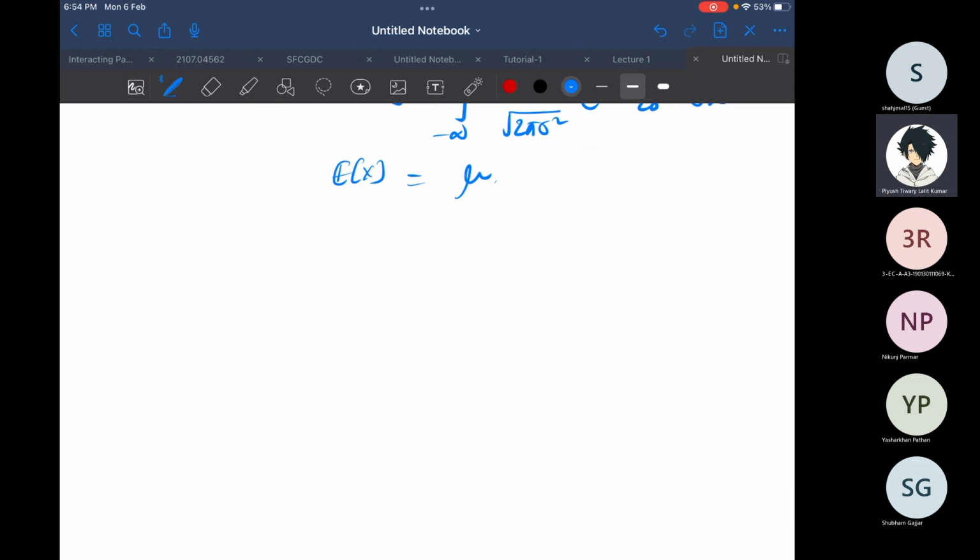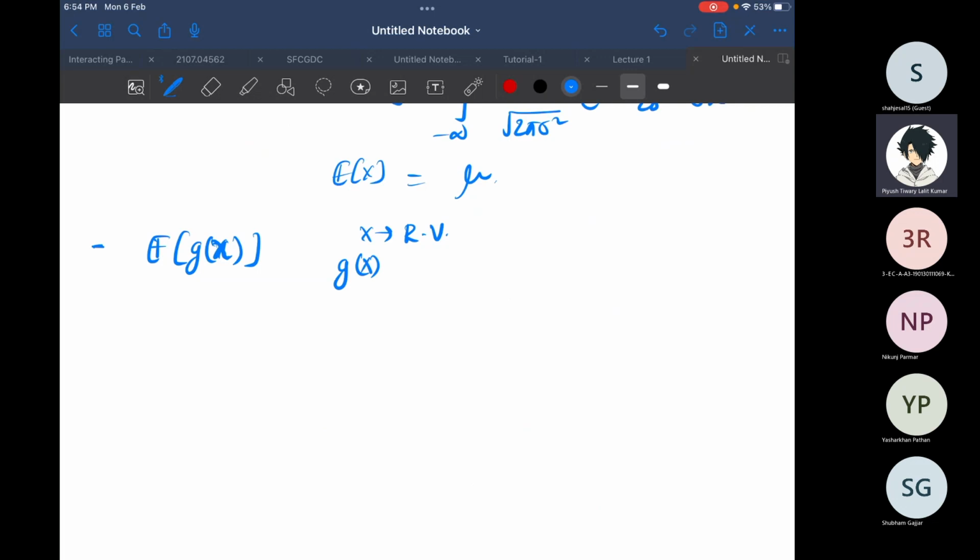Okay, now let me talk about one more thing. What about expectations of a function of a random variable? So you know that x is a random variable. Now someone comes and gives you a function g, and he says that g of x is what I need.